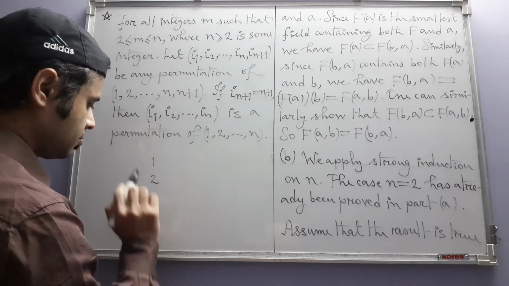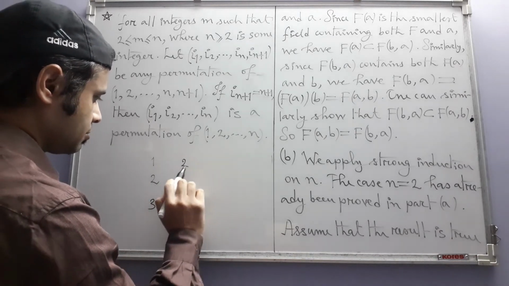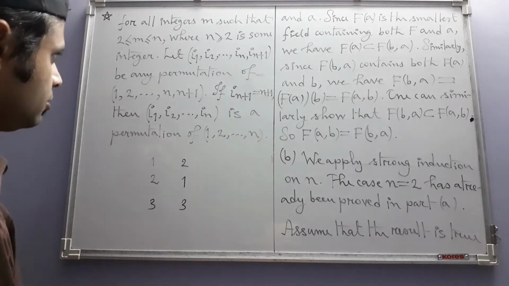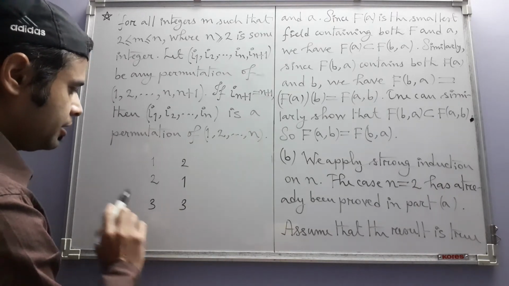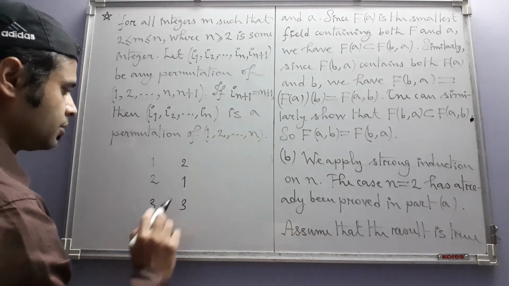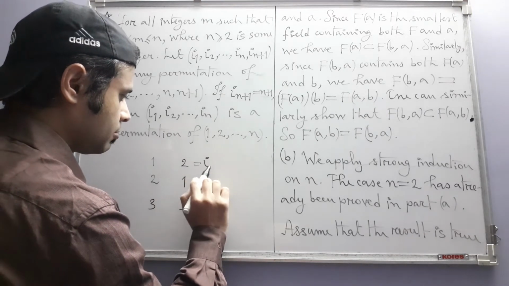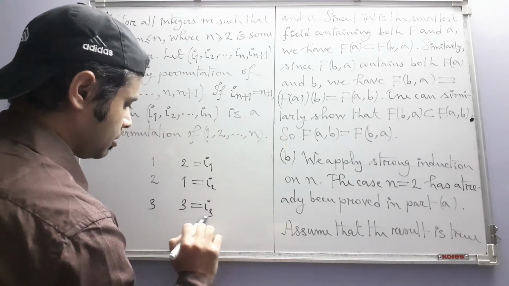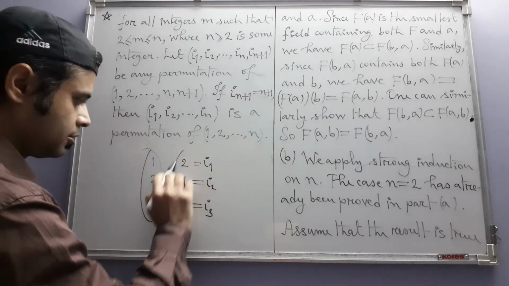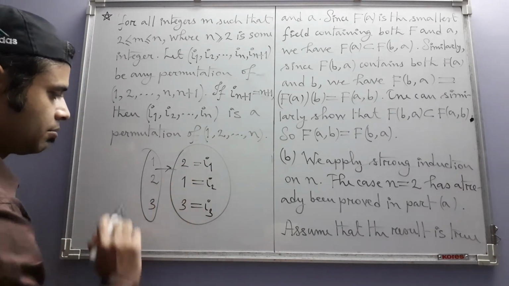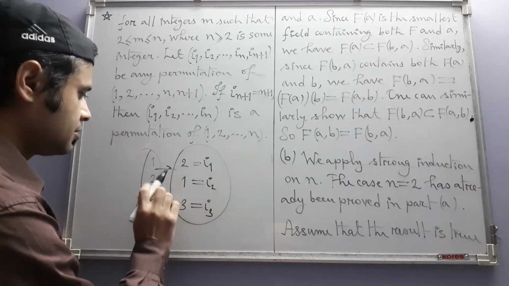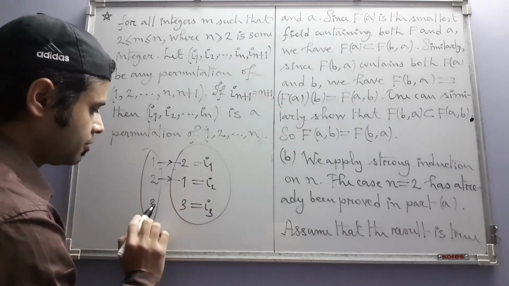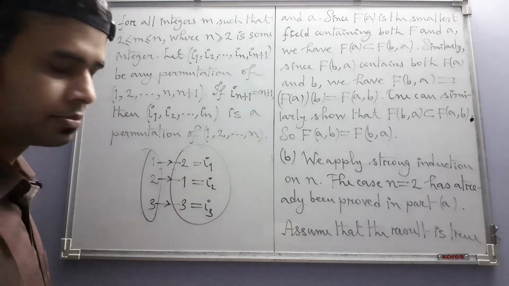Suppose you have this situation where n plus 1 is 3, so n is 2, and this is your I1, this is your I2, and this is your I3. So there is a bijective map, and the map is like this: 1 gets mapped onto 2, 2 is mapped onto 1, and 3 is unchanged.